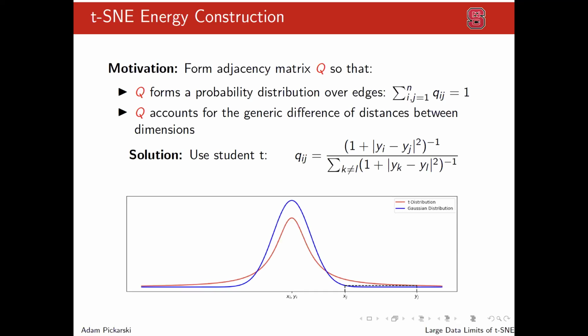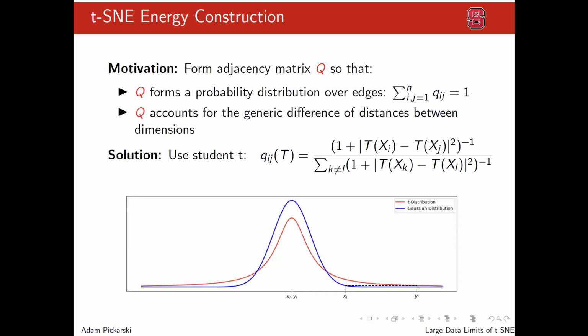If you think back to the previous slide, you're trying to match Q_ij to P_ij. If you have a distance this far in the high dimensional space, x_i to x_j, with this corresponding P_ij, then in order to match this with the t kernel, because it has much fatter tails, you have to go all the way out here. So it has this bias towards spreading things further if they're outside of this threshold. And if they're inside, it says, maybe they're relatively closer, and we should bring those together. This turned out to be a crucial observation.